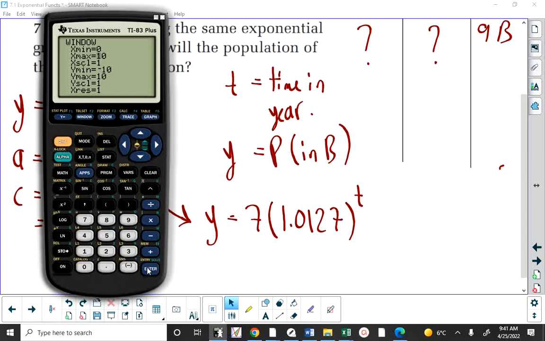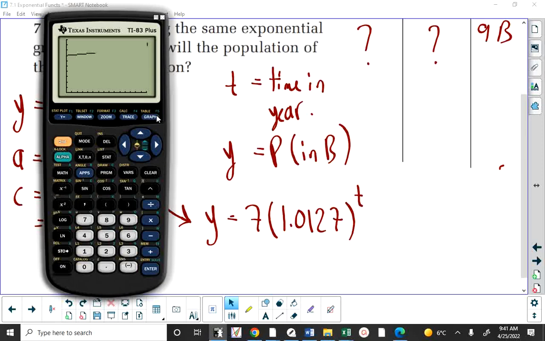As a student, I probably don't know how many years it's going to be. But I might start off by looking at a 10-year period or a 20-year period. The population is going to go up. We want it to reach 9, so I'm going to go from 0 to 10 here so that I get up to at least 9.